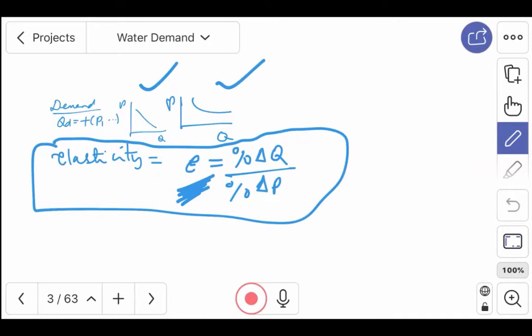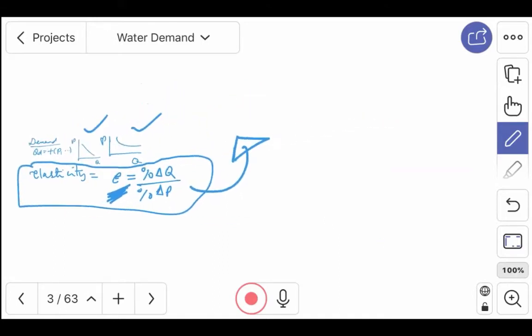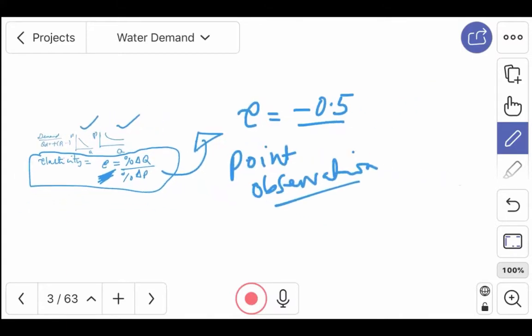But if you want to estimate a demand function going from here, and you don't have data, but you have only 2 points. One is, you know what the elasticity is, for example, 0.5 in the example. And you need one more thing. You need a point observation. The point observation is just one observation, knowing what the price is and what the quantity is at a given point in time.